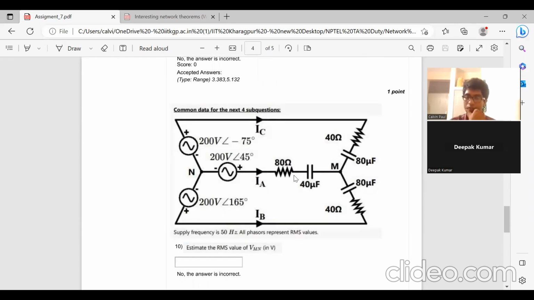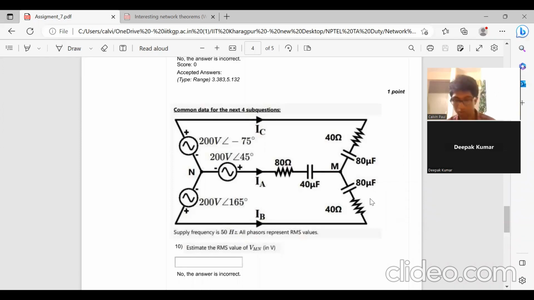So what we will do is, in this network there are only two nodes, node M and node N. So we will assume node N to be the reference node and we will apply nodal analysis to solve it fast. If we apply mesh analysis, we have to solve this mesh, this mesh. Instead, with nodal analysis we just have to do KCL for one node.